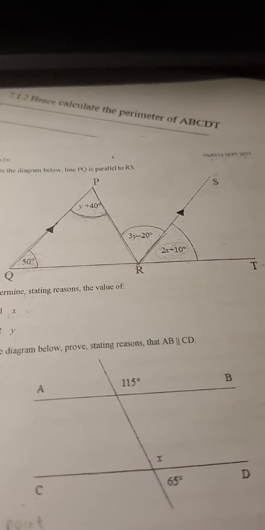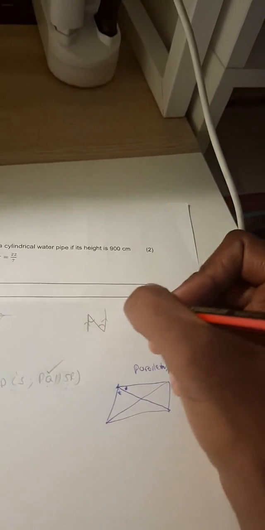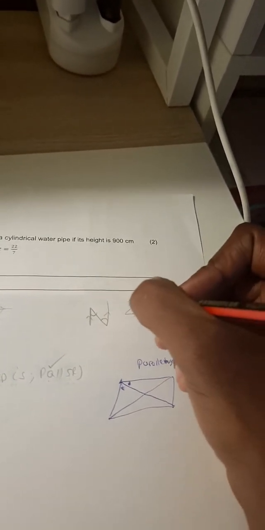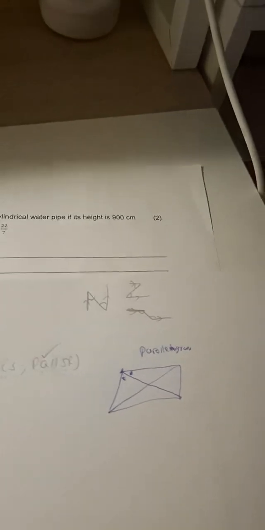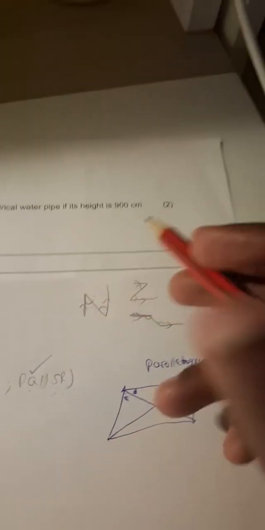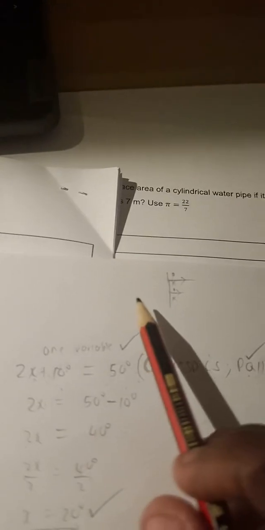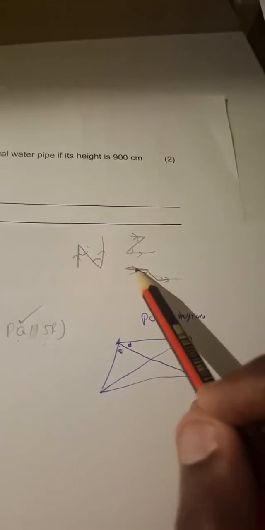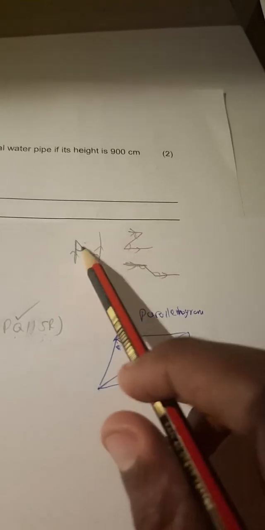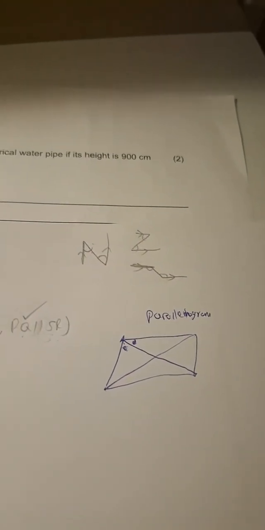Those are alternate angles. Z or N, those angles in the crevices are equal. Those can only be the two angles we are talking about for the Z or N shape.